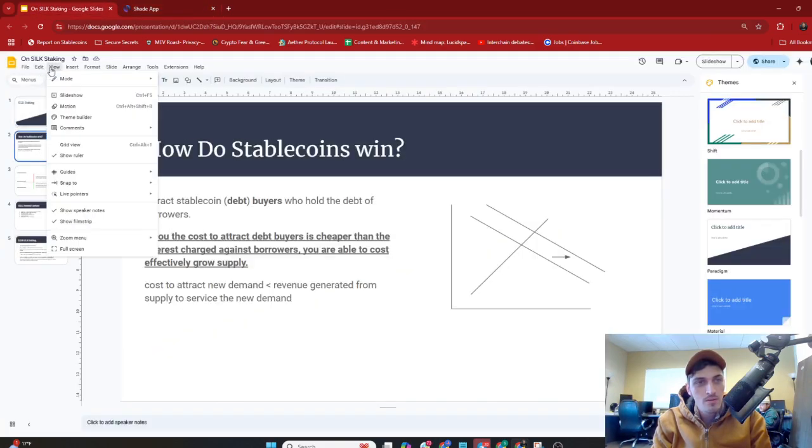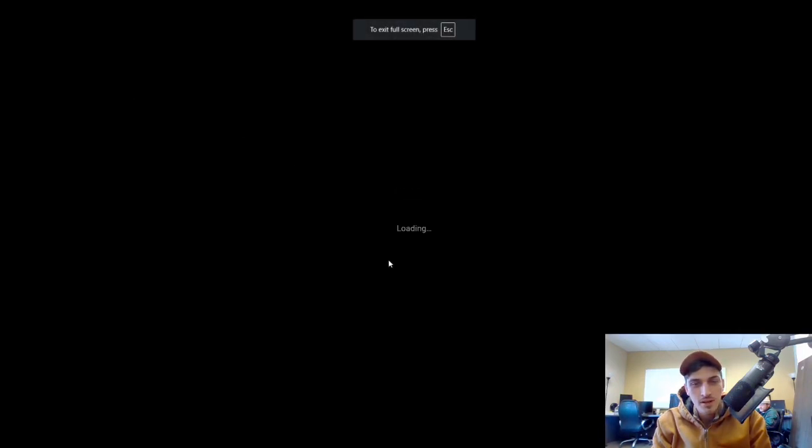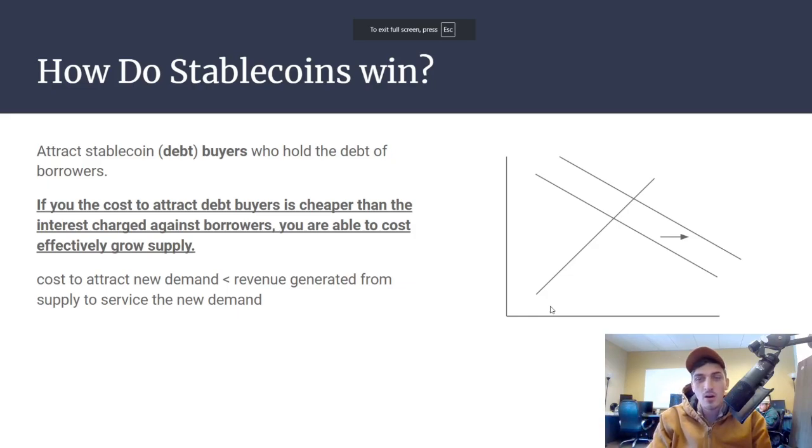So the first piece of the puzzle here is, how do stablecoins win? Fundamentally, when you're doing a CDP over-collateralized style stablecoin, every stablecoin in circulation represents debt.